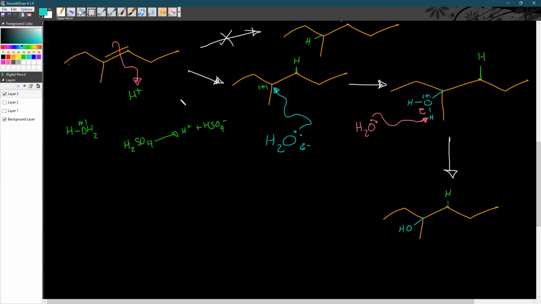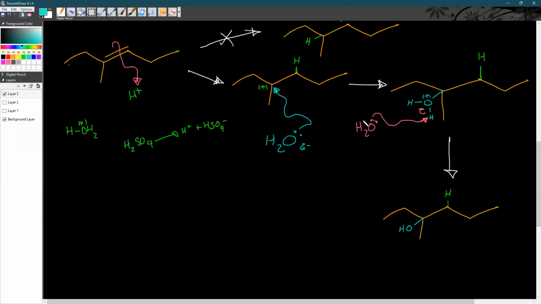Well, they both start off with this hydrogen addition, then a nucleophilic attack, and then this acid catalyzed hydration just has an extra deprotonation step. Hydrogen addition, nucleophilic attack, deprotonation.